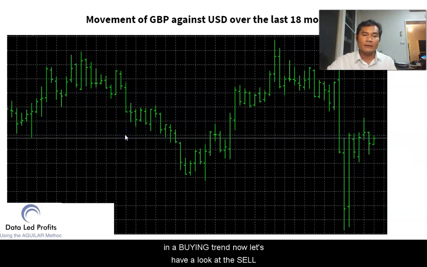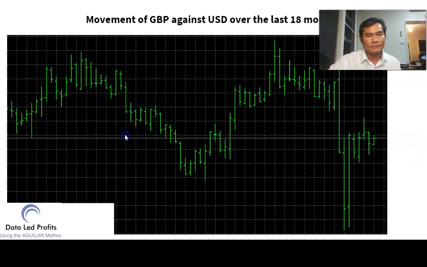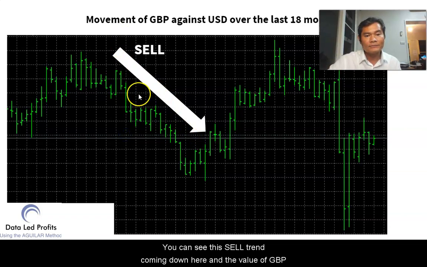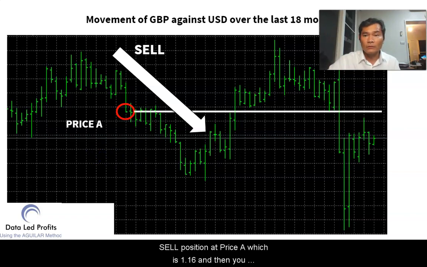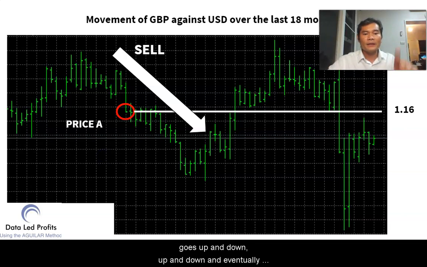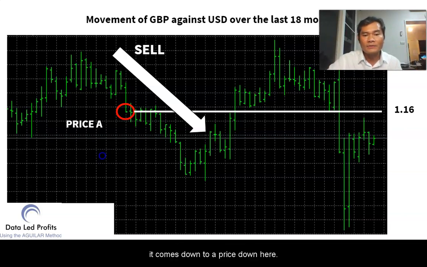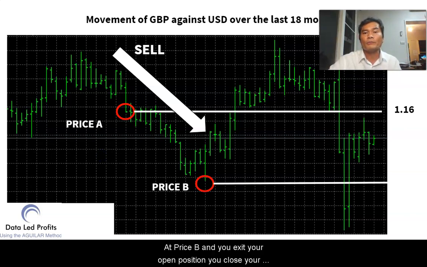Now let's have a look at the selling trend. You can see this sell trend coming down here in the value of GBP. Well, what you do is you open with a sell position at price A, which is 1.16, and then you just wait. You wait until the market goes up and down, and eventually it comes down to a price down here at price B, and you exit your open position.